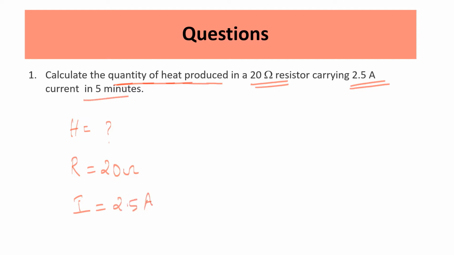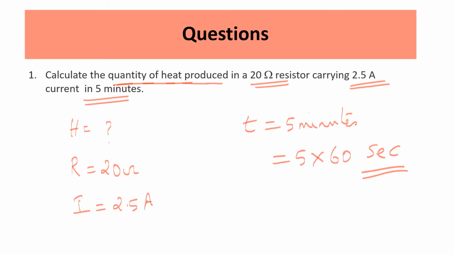Time is given as 5 minutes. We know 1 minute is equal to 60 seconds. Therefore, 5 minutes will be 5 into 60 seconds. You need to convert time into seconds because the SI unit for time is seconds.